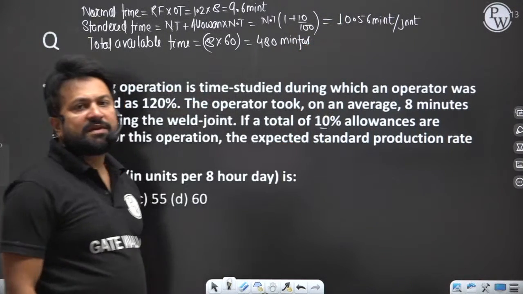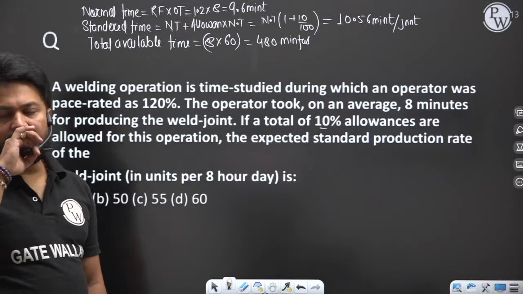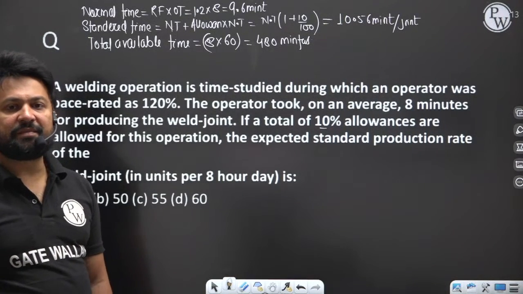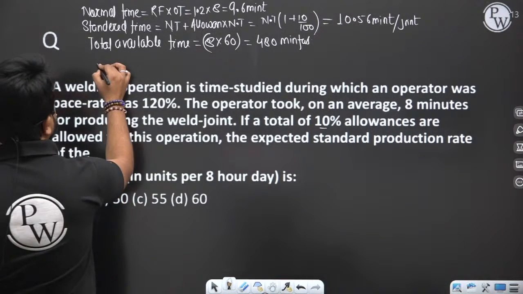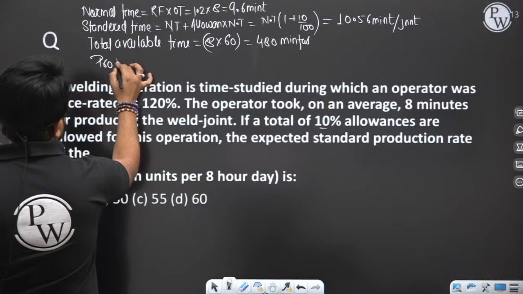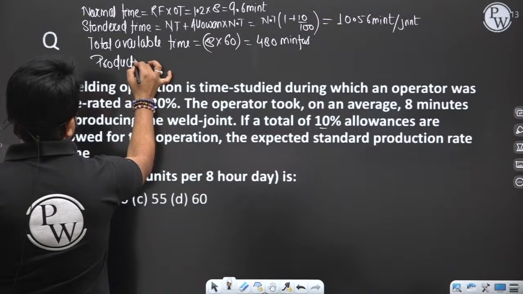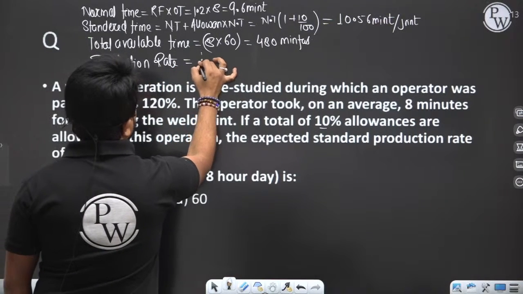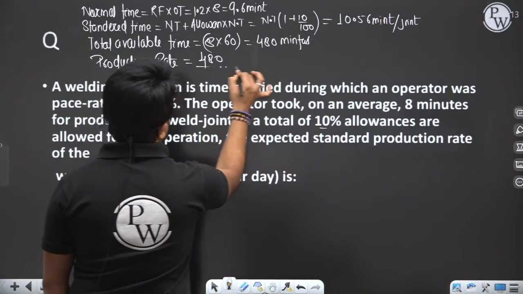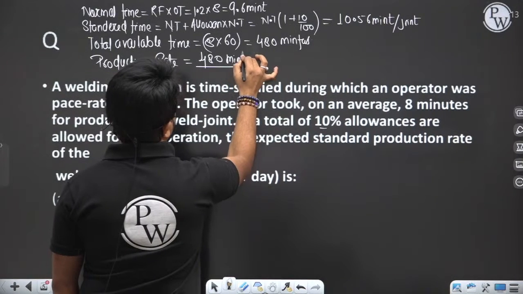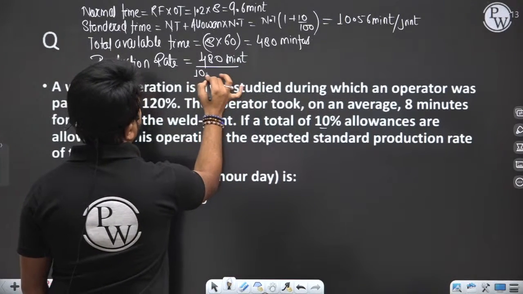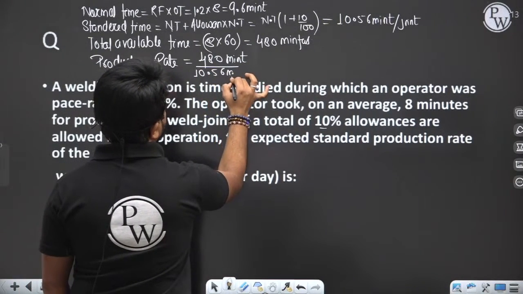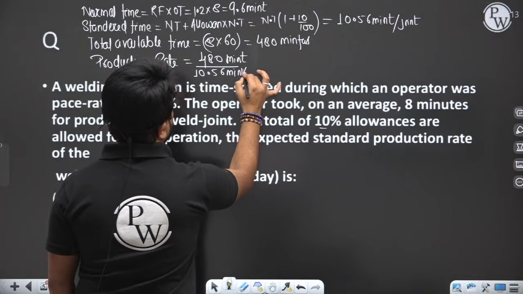Now this is the total time and you are taking 10.56 minutes per piece. So the production rate will be 480 minutes divided by 10.56 minutes per piece.